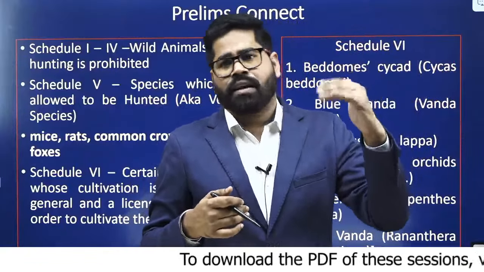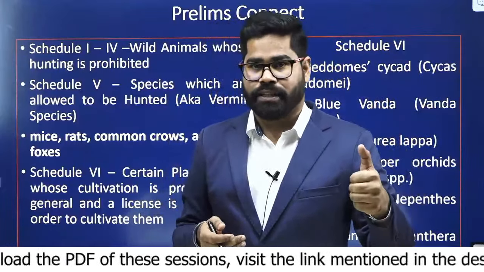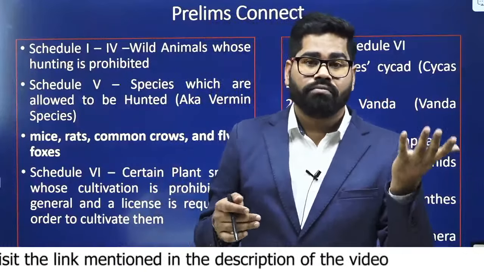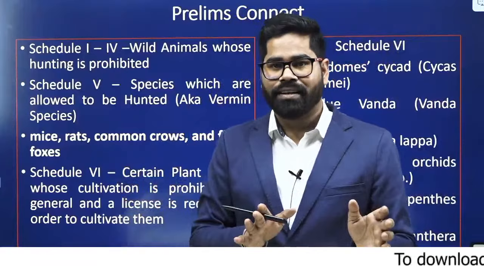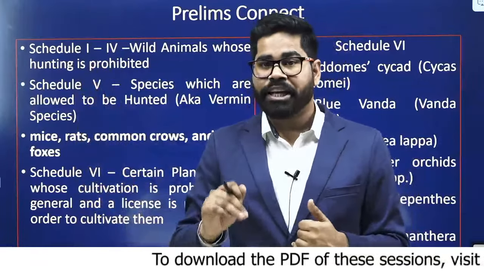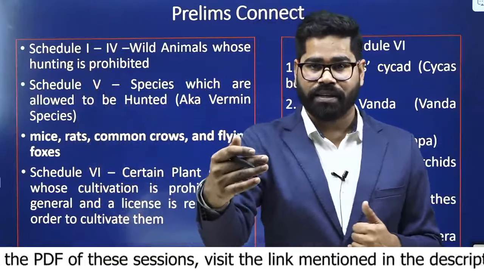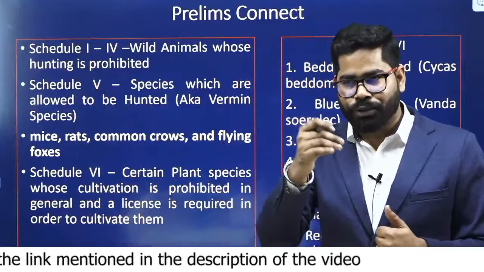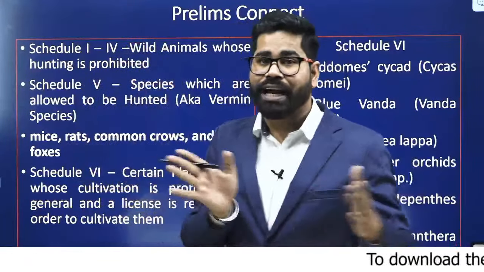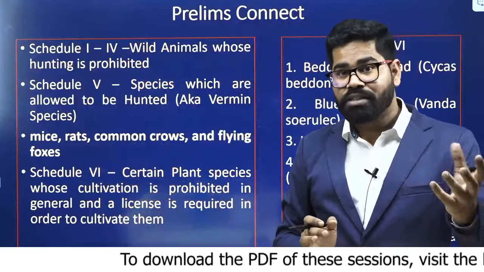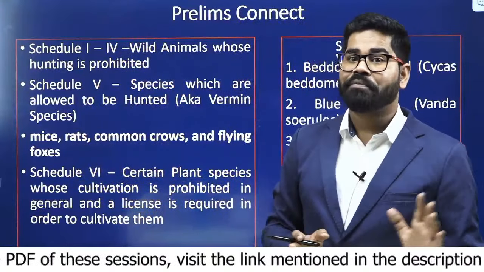Schedule 2 is a little lower, but still protected. It is about the punishment. Suppose a person has hunted an animal listed in Schedule 1, he would face the highest level of punishment. Schedule 2 a bit lower, Schedule 3 a bit lower. So it is about the degree of protection for that species, and the importance of the species for our entire biodiversity.